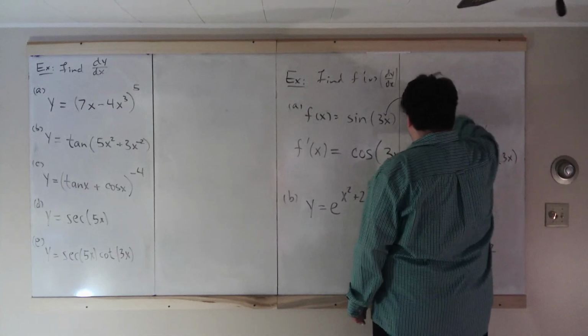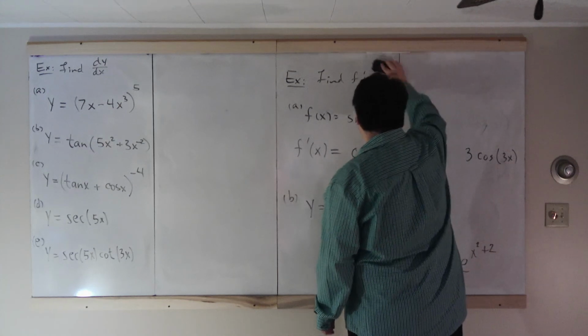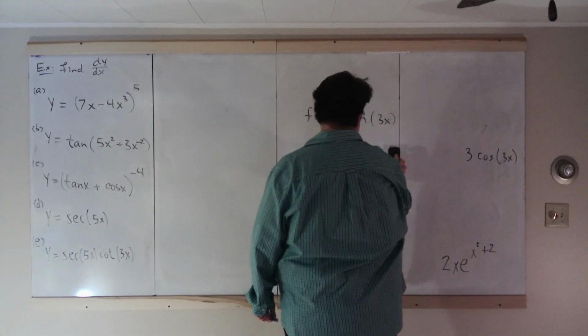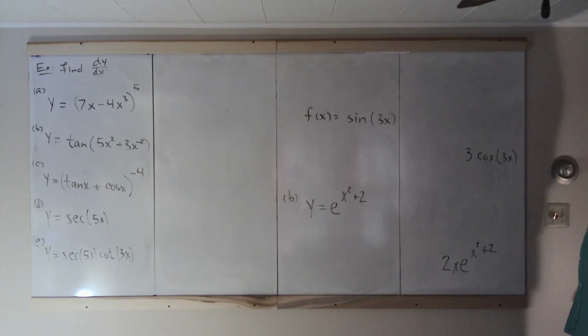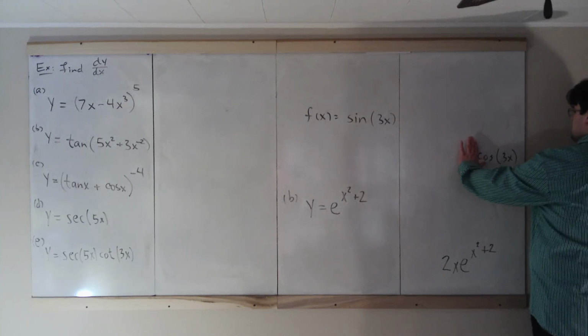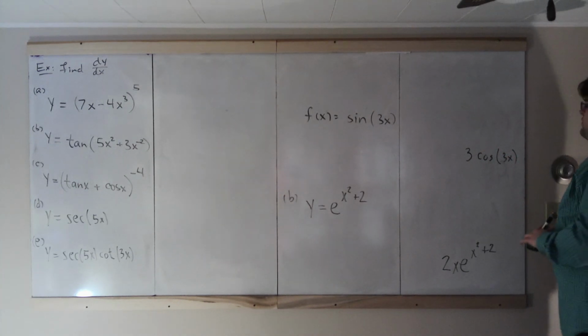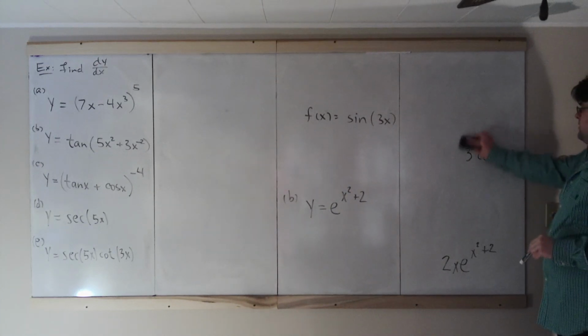Because as you do a bunch of these, you start noticing some patterns. Start with sine of x. Derivative is cosine of the inside times derivative of the inside. Derivative of sine is cosine multiplied by derivative of the inside.